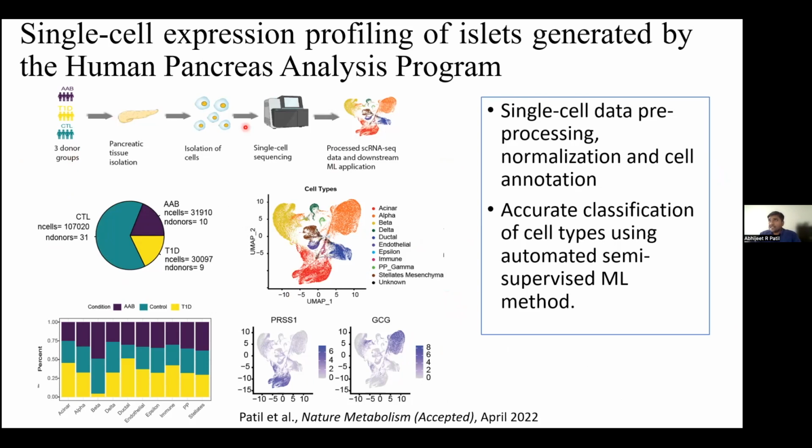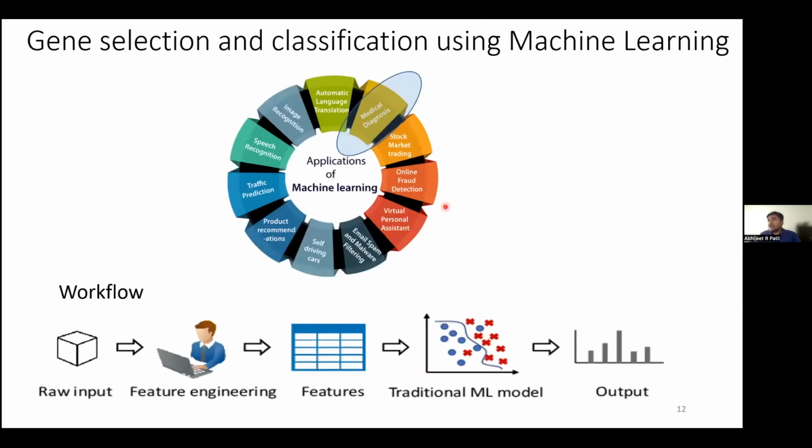So using this data, we applied the machine learning model. As some of you might know, machine learning has been used in various fields, such as image recognition, speech recognition, and so on and so forth. The medical diagnosis part, or the biomedical application, is what we are looking into right now.